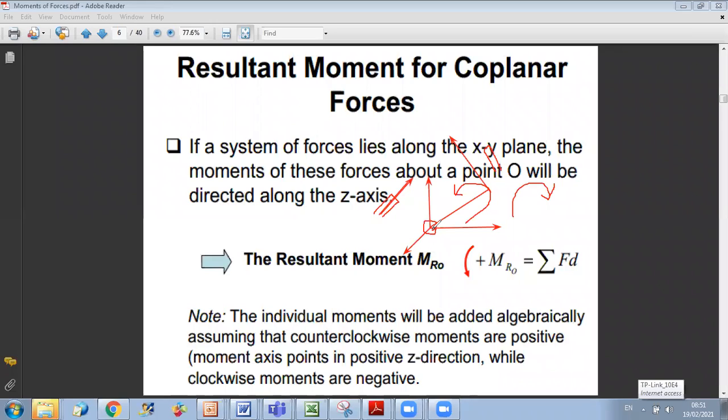It will point towards the screen, not towards me. Yes, I mean the screen.